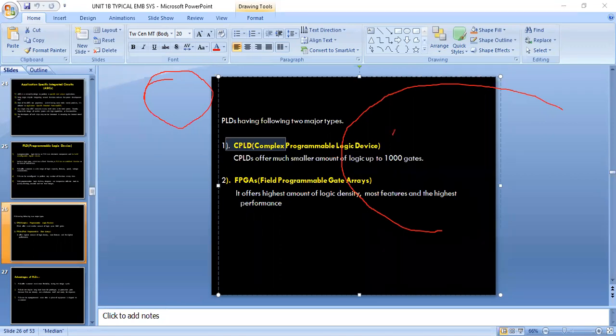Suppose a logic ended here, A equal to B plus C plus D plus E plus H. Suppose you want to add some more logic like X plus Y plus Z, we can write in this block another logic like J plus I plus O right here, R plus S plus T here. So we can write bigger logics. That is the use of CPLD, complex programmable logic device. It is nothing but a combination of a lot of PLDs, right?